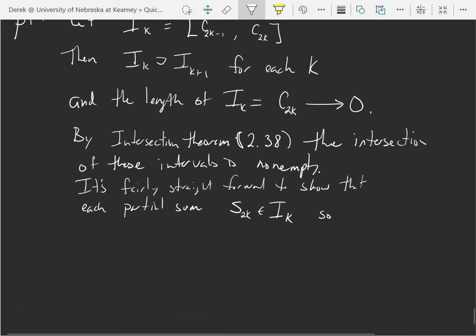So the limit of S sub k must be in the intersection.